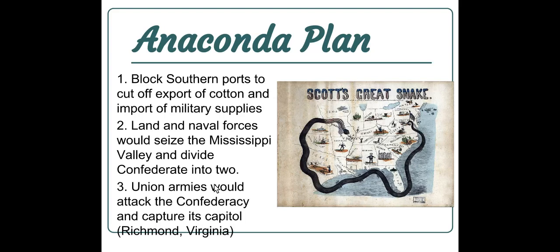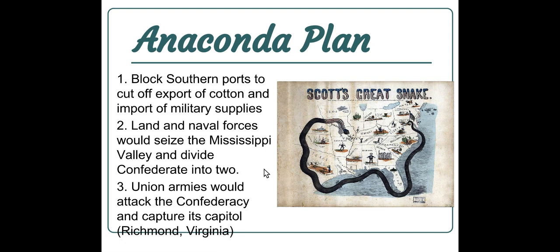And the third aspect of this was to the Union armies, once we cut off the ports, we seize the land in the Mississippi Valley, is to capture the Confederacy and capture its capital, which is going to be Richmond, Virginia, attack them at their heart. And so what we were going to try to do really is surround them and suffocate them, is really what an anaconda does.